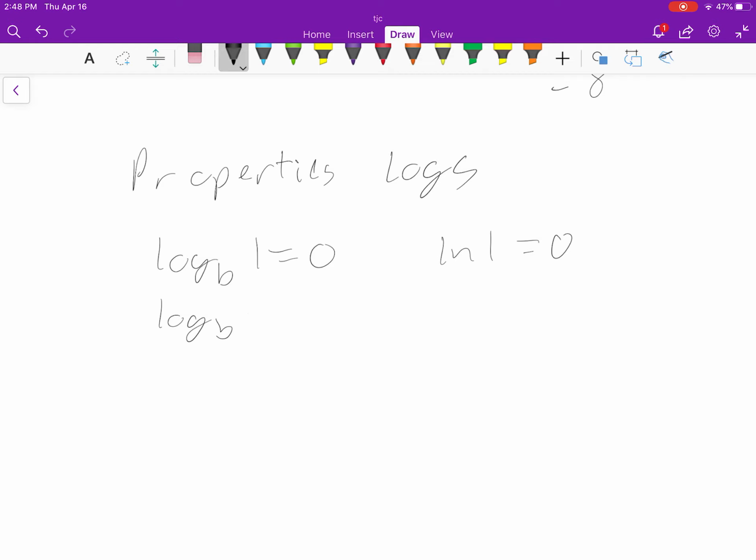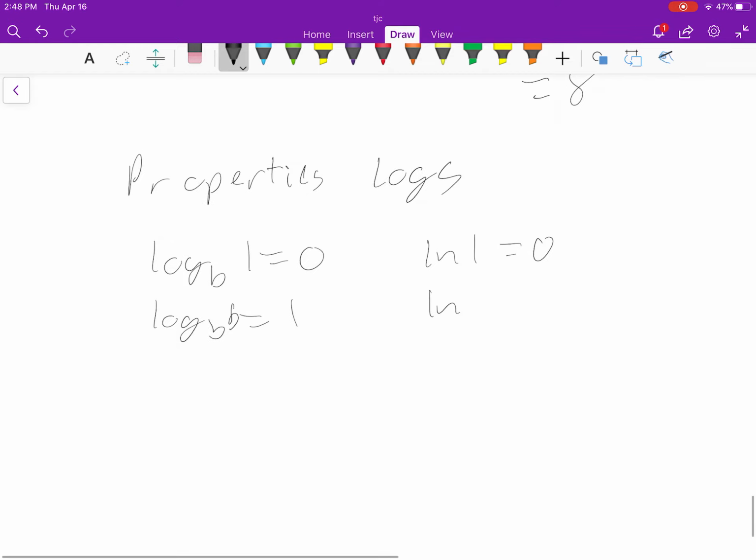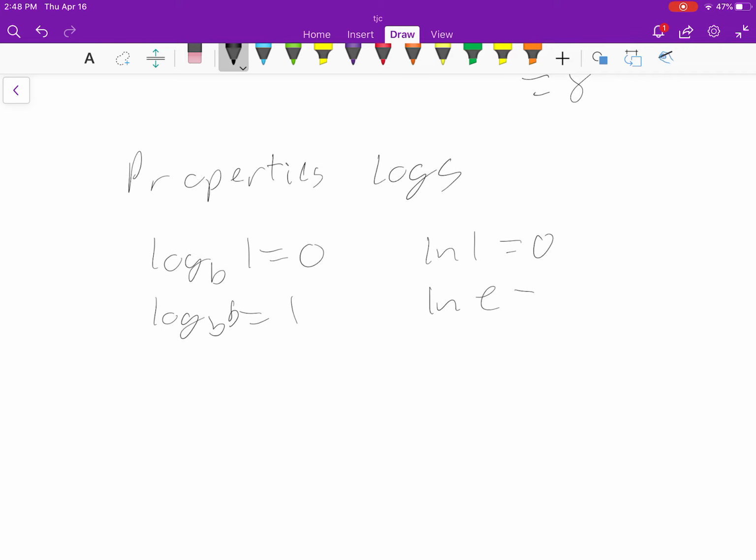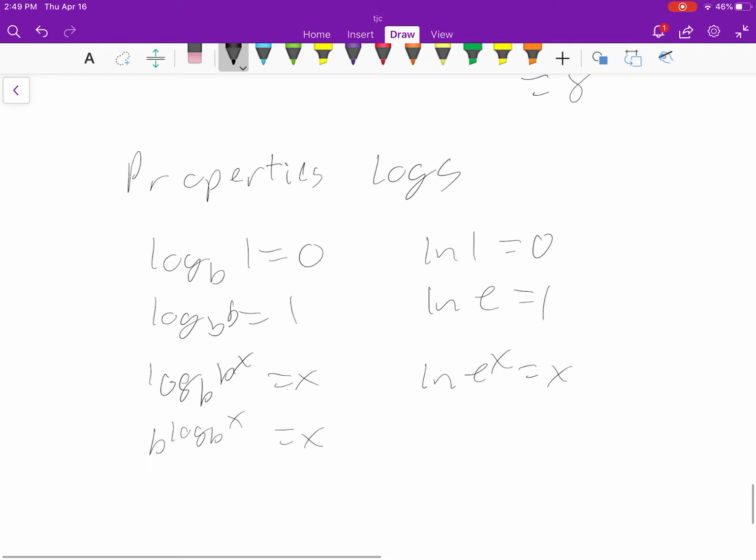Log base b of b equals 1, so ln of e equals 1. And then we have the inverse properties. Log base b of b to the x equals x, so ln of e to the x equals x. And then b to the log base b of x equals x, and e to the ln x equals x. So these are the inverse properties here.